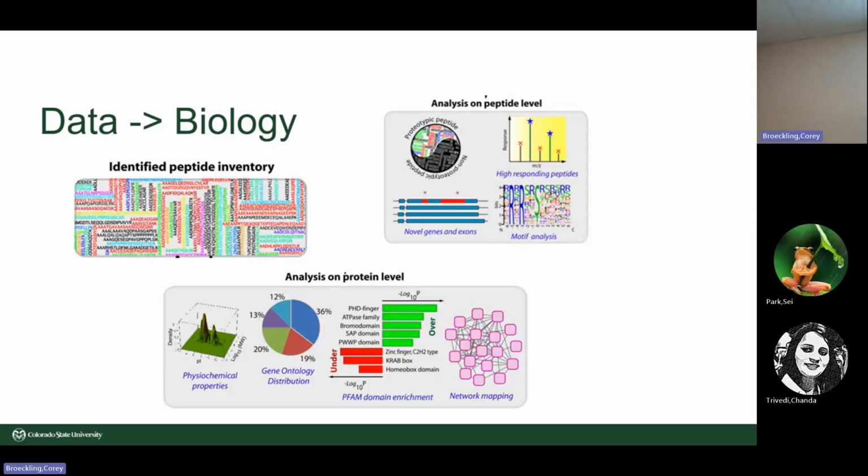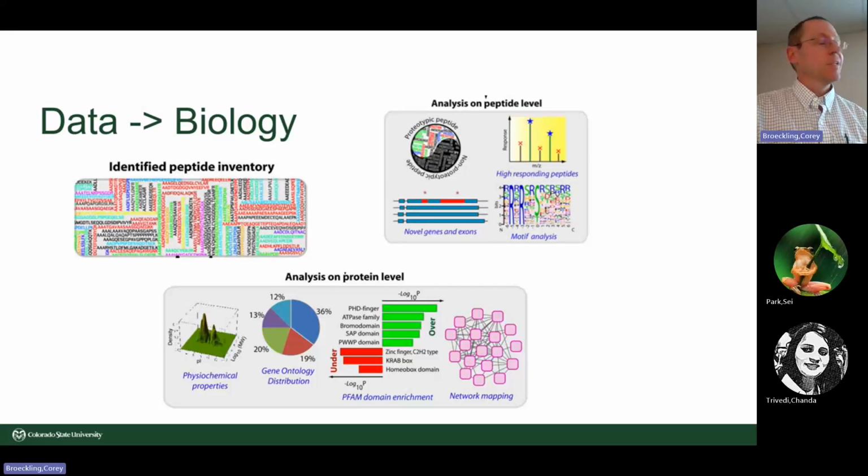You can then be doing analysis at the peptide level by performing things like gene coverage studies. You can be looking at which peptides are the highest responders, which peptides have the most signal. And you can also be doing things like motif analysis. So if I look at all of the significantly changing peptides, is there a common motif in there that might indicate a particular genetic control element, for example?